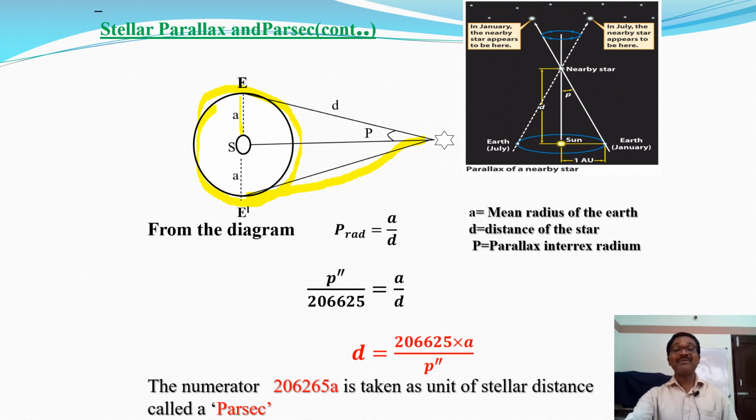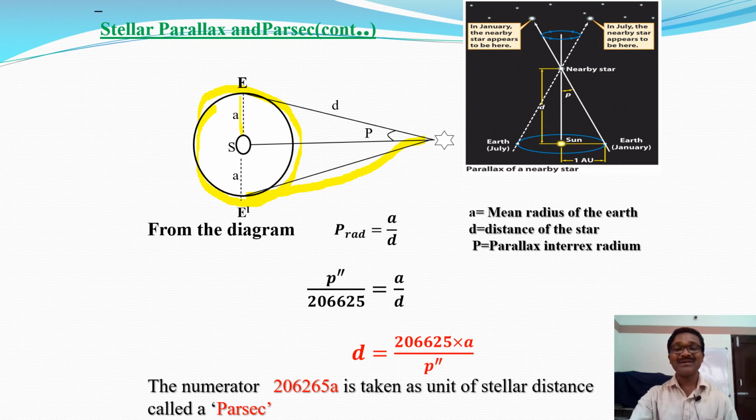This is p seconds divided by 206265, that is equal to a by d. We know that d is the distance of the star from us. Therefore, d is equal to 206265 into a divided by p. What we call the numerator is taken as the unit of stellar distance, that is the parsec.